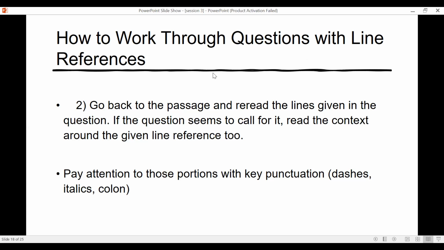Recently in one of the sessions, one of the students told me, teacher, I used to cancel any choice that has dashes, because dashes mark non-essential information.